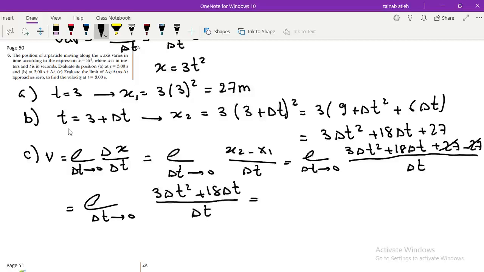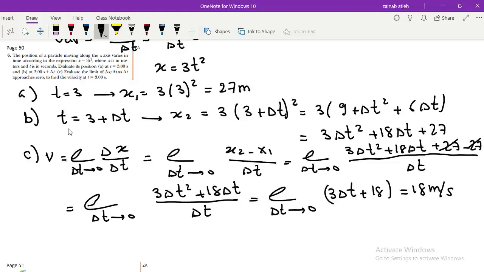Let's remove delta t, we get the limit as delta t tends to 0 of 3 delta t plus 18. As delta t goes to 0, this term is 0, and we get 18 meters per second. This 18 meters per second is the instantaneous velocity at t equals 3.